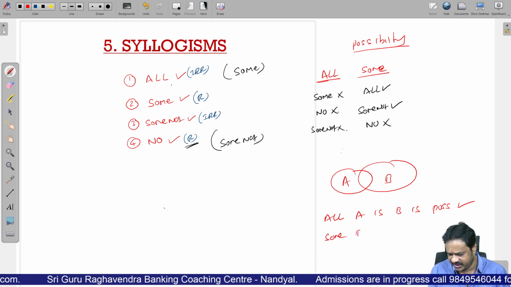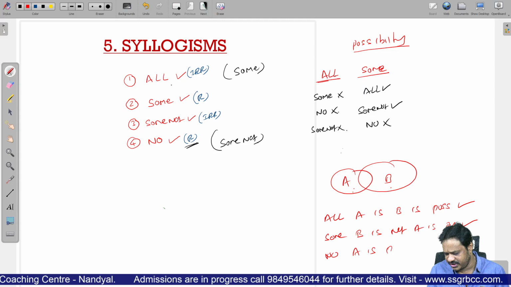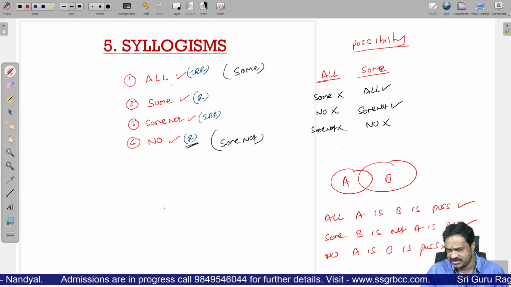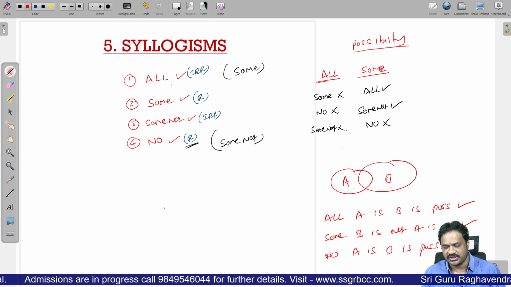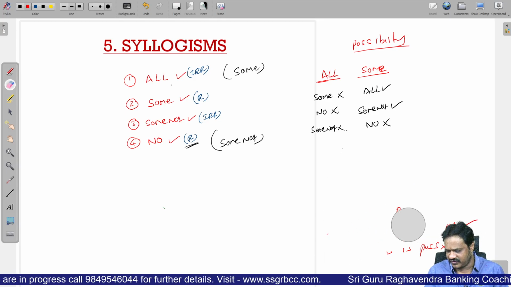If I am writing some B is not A is a possibility, B and A relation is some. If some is there, some not is a possibility definitely follows. If I am writing no A is B is a possibility, it does not follow. So all is a possibility follows, some not is a possibility follows, but no is a possibility does not follow.